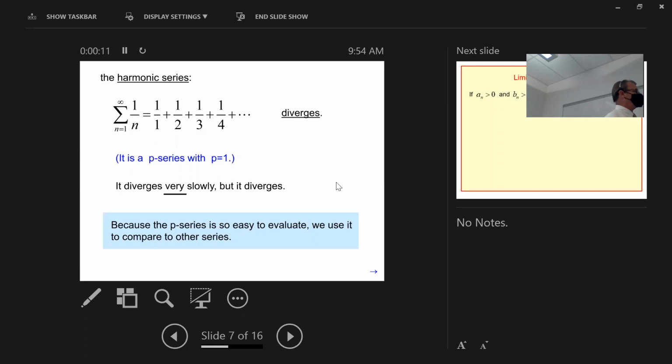So when it says the P series is easy to evaluate, we use it to compare another series. That's like that picture, the harmonic divergence. So we compare that to another series, and if the other series is higher than the harmonic, it necessarily has to diverge.